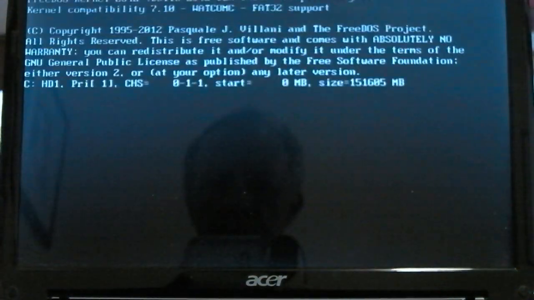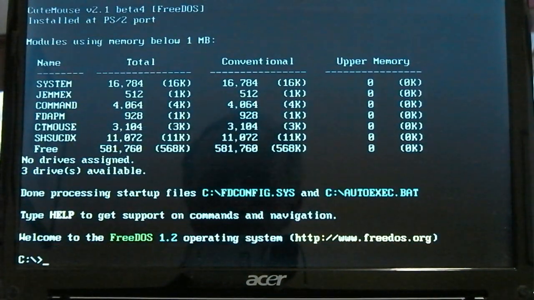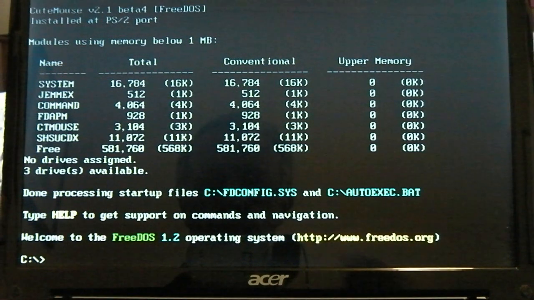Even though the Atom processor in the Acer is barely more powerful than a microcontroller these days, it certainly boots DOS very quickly.